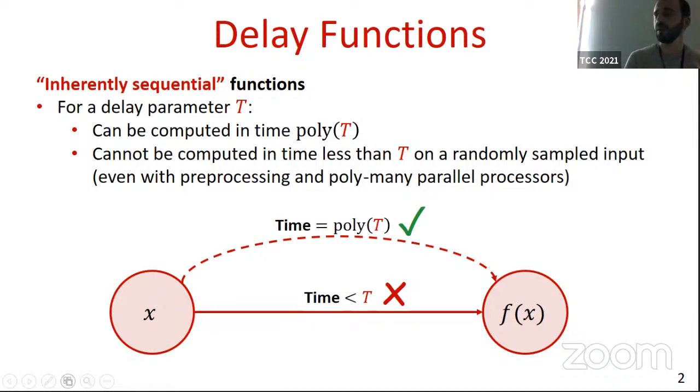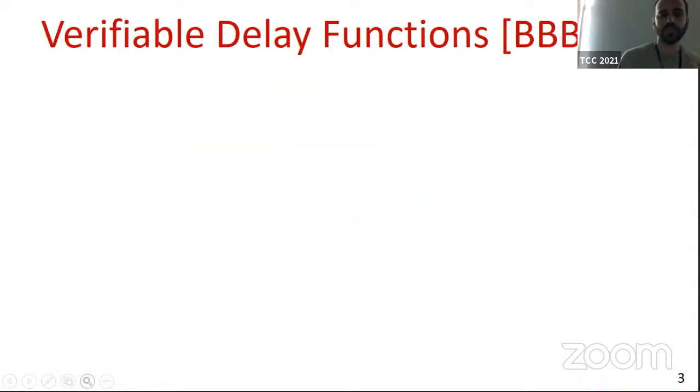Given this delay parameter, the function should be computable in some time polynomial in t, but it shouldn't be easy to evaluate the function on a randomly chosen input in time less than t, even with preprocessing and a polynomial number of parallel processors. Now, the focus of this work is verifiable delay functions, and we'll focus on the verifiability of delay functions, so you can forget about the previous slide.